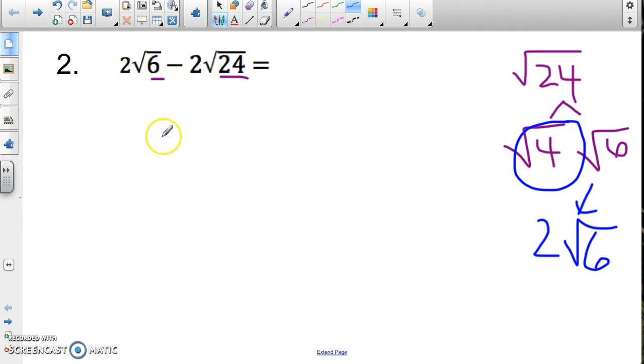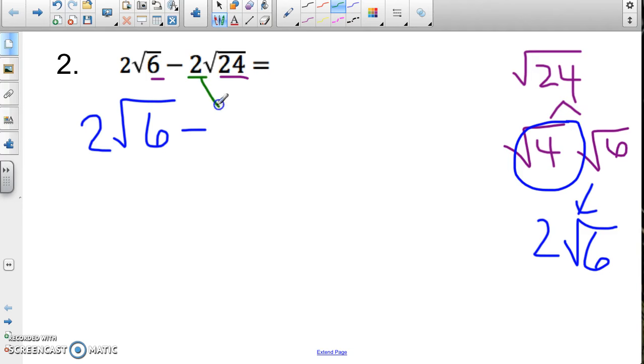Let's go back to our problem. The 2 radical 6 that we started with cannot be simplified any farther, so we're just going to write that just as it is. And we're going to subtract. Here's the tricky part. Keep in mind that this 2 is already here.